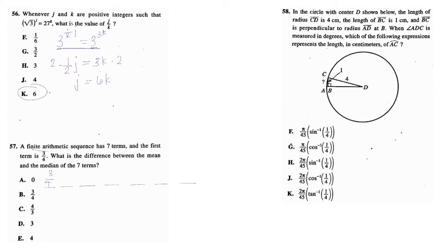It's an arithmetic sequence, which means that you're adding the same amount each time. So you're going up the same amount. So since this is arithmetic and you're going up the same amount each time, the difference between the mean and the median of the 7 terms. So let's think about this.